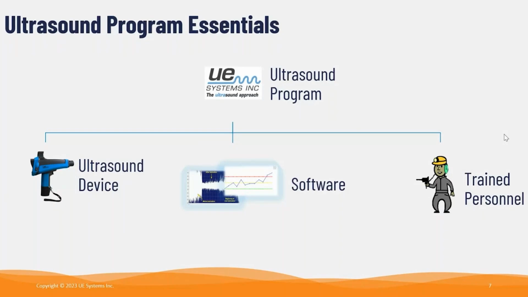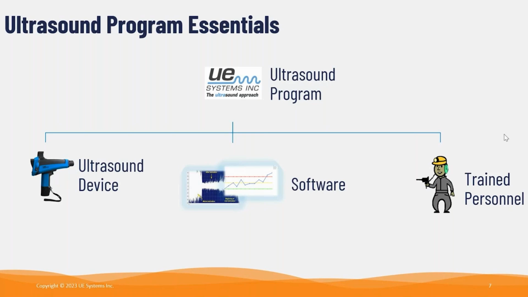So in order to start an effective ultrasound program, there must be 3 essential components. First, your ultrasound instrument. The model of the instrument will depend on your application. If you have UP15000, you can do any application. You can have the Grease Caddy 401 for lubrication purposes, and so on. Second, the software offered by US Systems for trending and analysis.